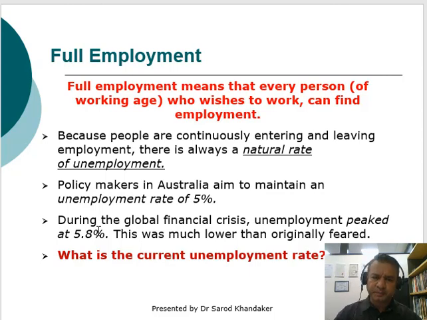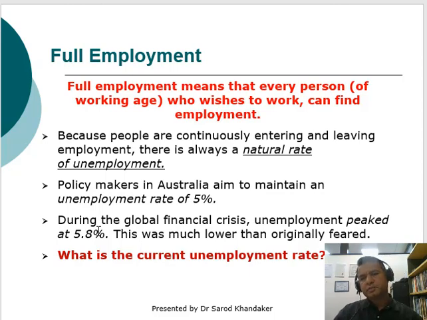But because people are continuously entering and leaving employment, there is always a natural rate of unemployment, and we cannot ignore it.